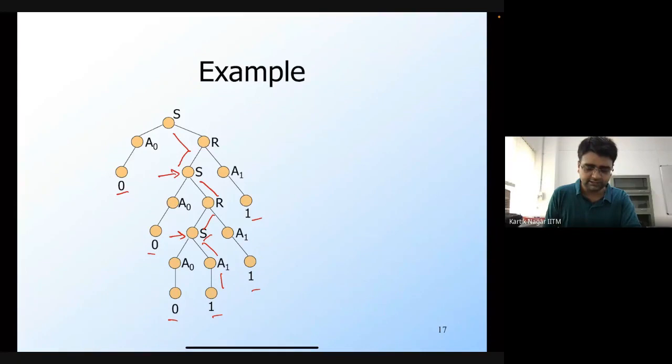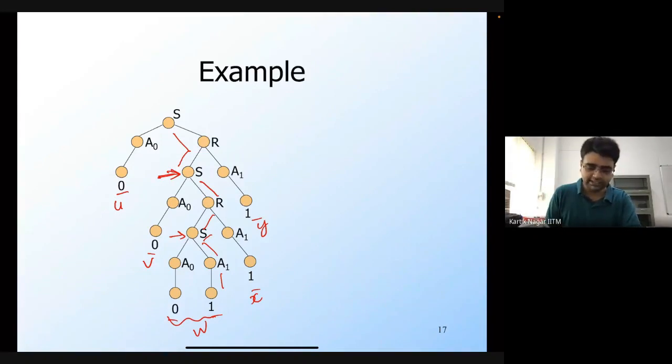Since I'm considering this S that I have denoted by an arrow to be the higher S, this is going to be u, this is going to be y, this is going to be w, this is going to be v, and this is going to be x. So u is 0, v is 0, w is 01, x is 1, and y is 1.